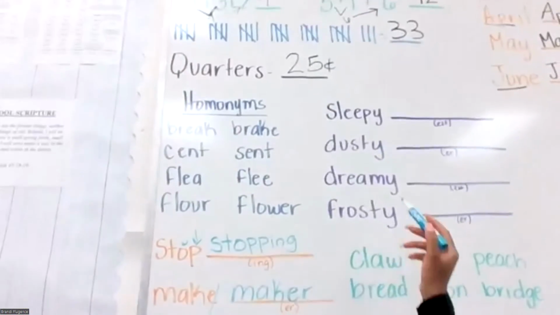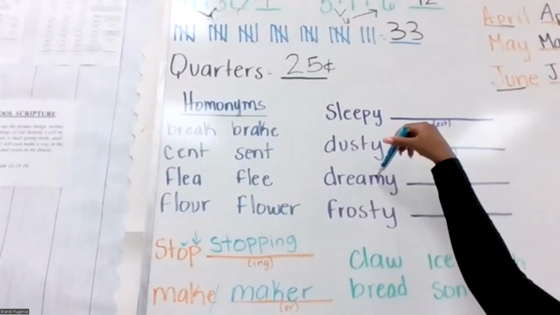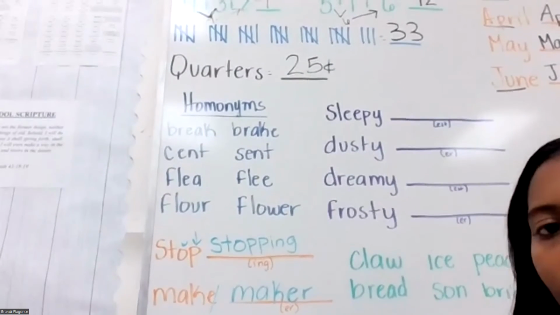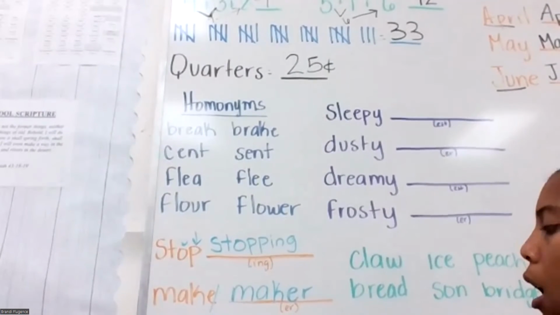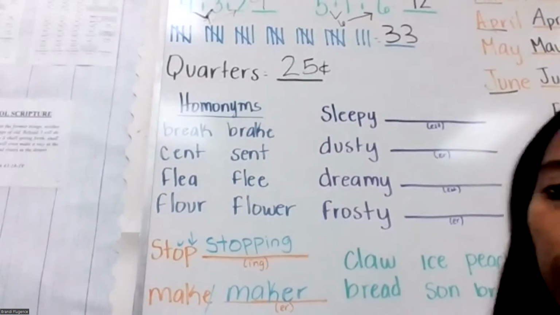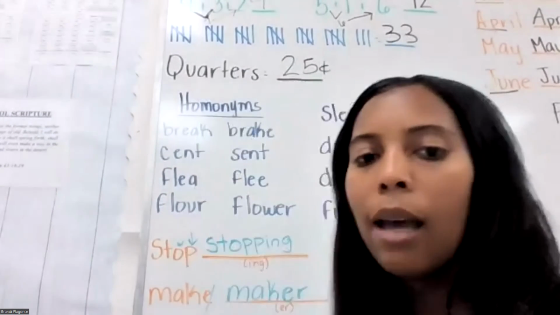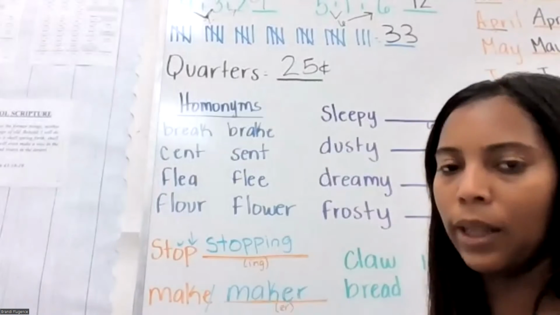So today we're going to learn a new rule. If you look at all my words here, sleepy, dusty, dreamy, frosty, what do they all end with? A Y. So there is a rule we have to follow whenever our root word ends with a Y, and before we add our suffix, there's something we have to do.